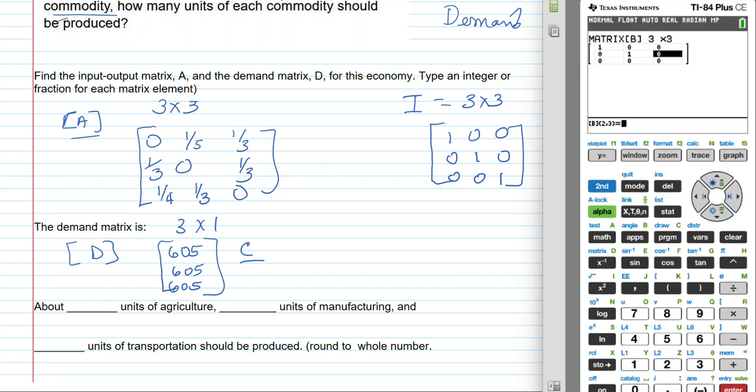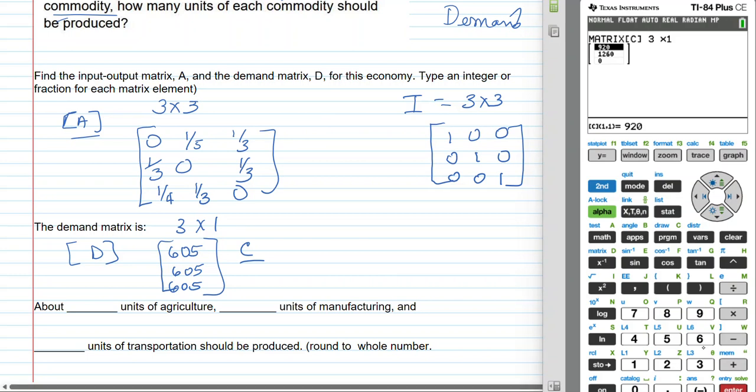All right. So now I'm going to do second matrix. I'm going to edit number 3, and I'm going to make it a 3 by 1. And all of them are the same. 605, 605, 605. All right. I have them.